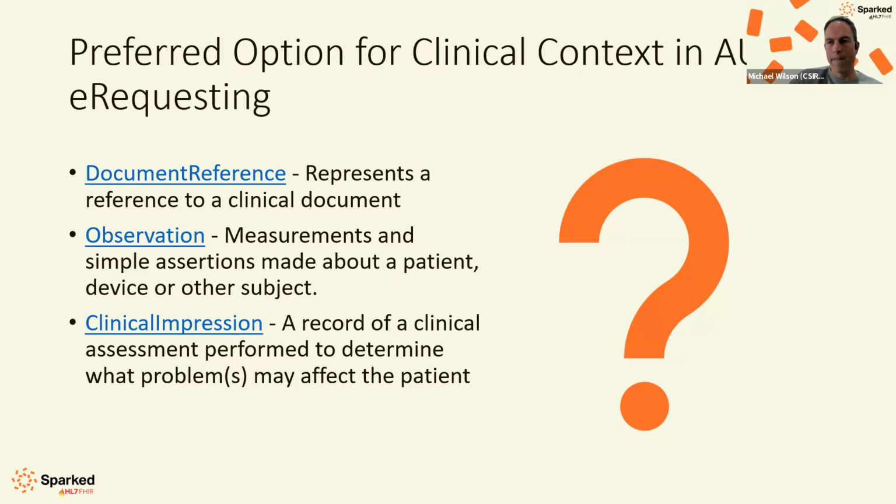Zoran? I'm happy with simplicity to adopt observation. I don't have a problem with that. But I guess to me, observation is not the natural fit, because observation is really about something which has happened from a workflow point of view. Yes, I can use it to represent a result, or a diagnostic report.